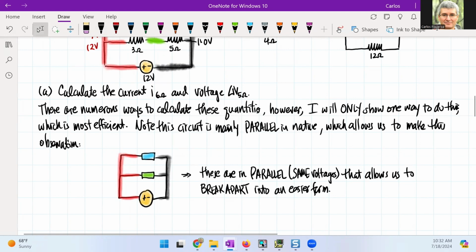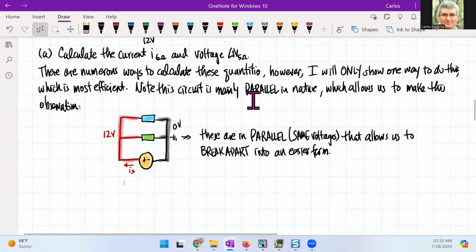So what I'm saying here is that if this is 12 volts here, and this guy is 0 volts, then the voltages across the blue and the green must be 12 volts. They essentially form an independent loop, but there's a problem here. The source current coming here is not the same through the green or the blue branches. So you gotta pay attention to that.